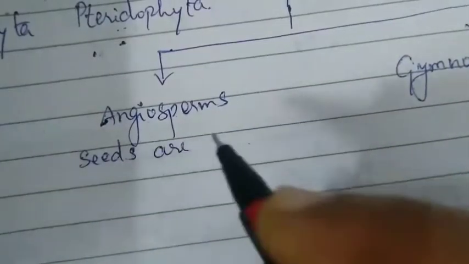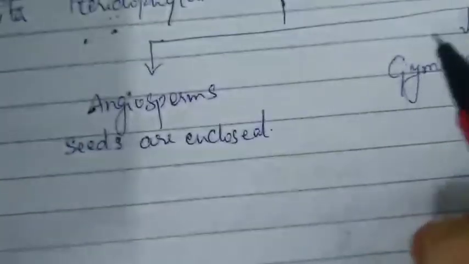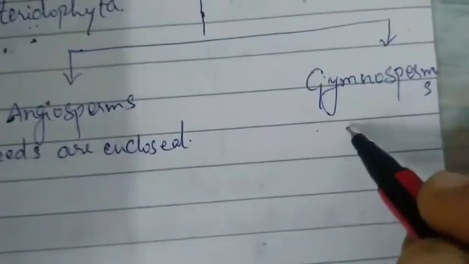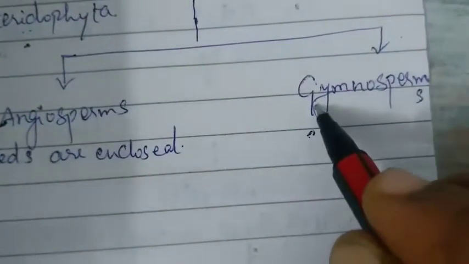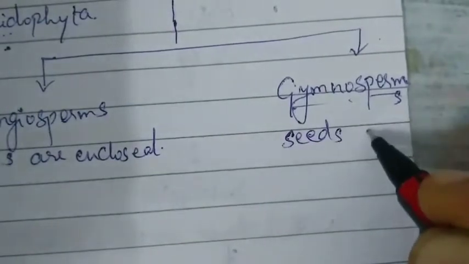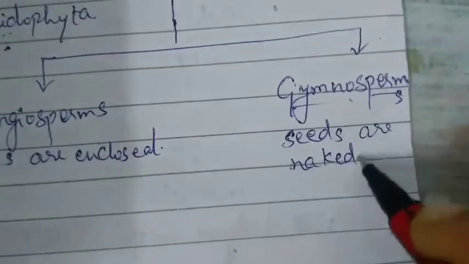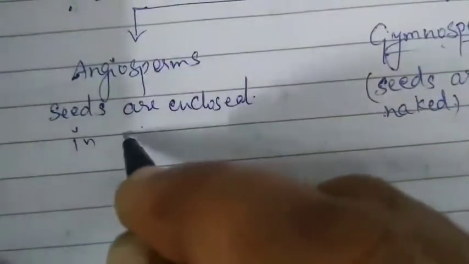Yes, here seeds are enclosed, whereas here the seeds are gymnos means naked, sperma means seeds are naked. Seeds are naked means not enclosed in a fruit, whereas here seeds are enclosed in fruits.